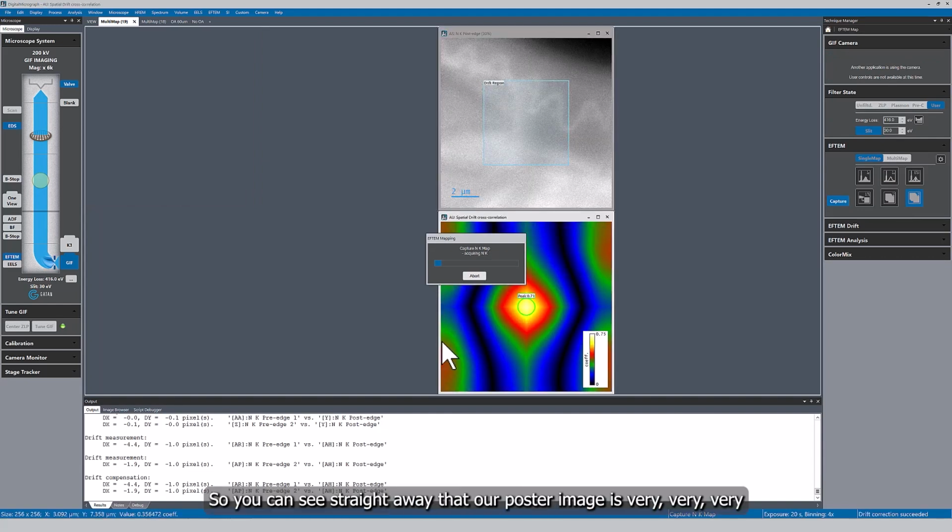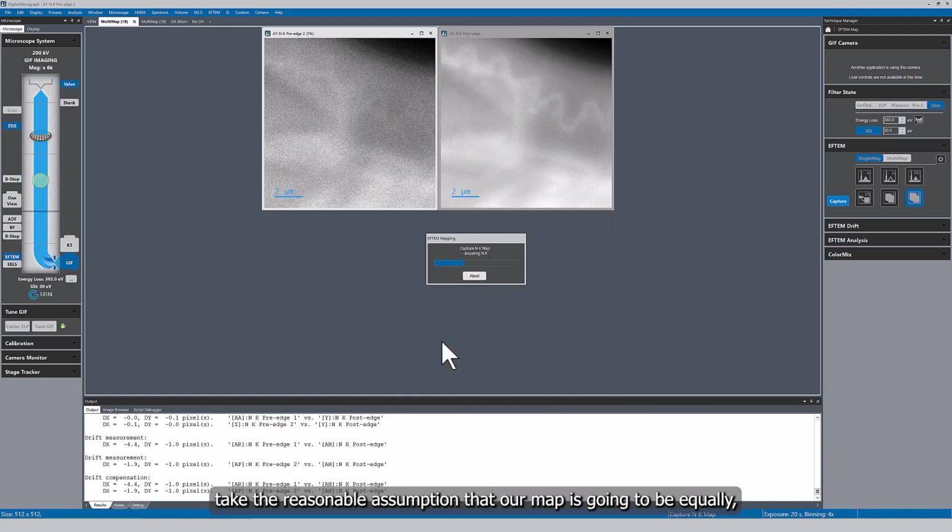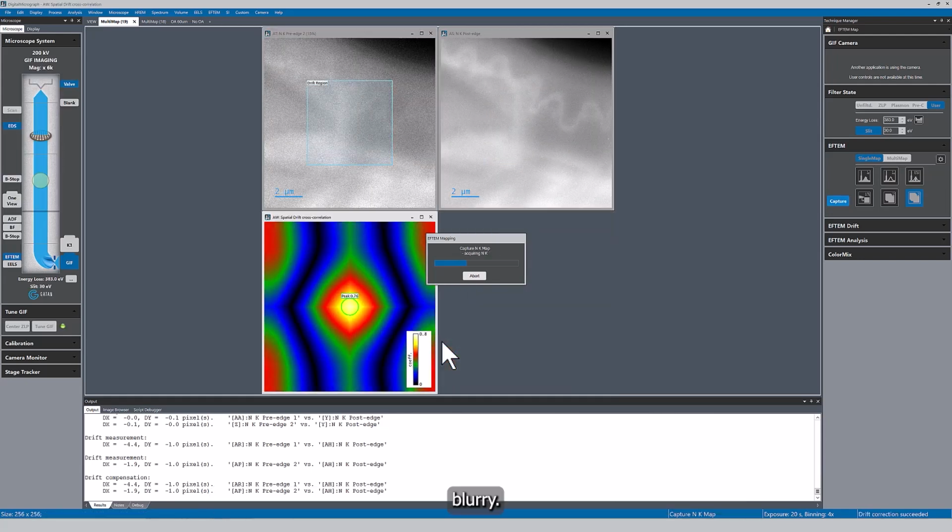Okay, so you can see straight away that our post-edge image is very, very, very out of focus. So we could take the reasonable assumption that our map is going to be equally blurry.